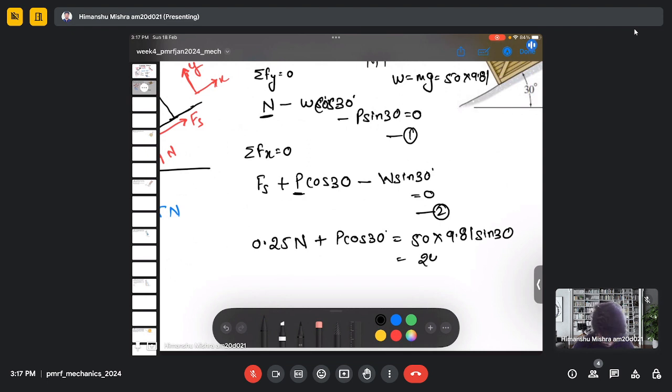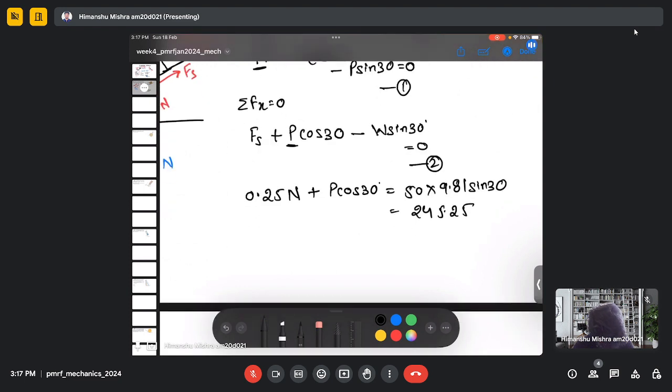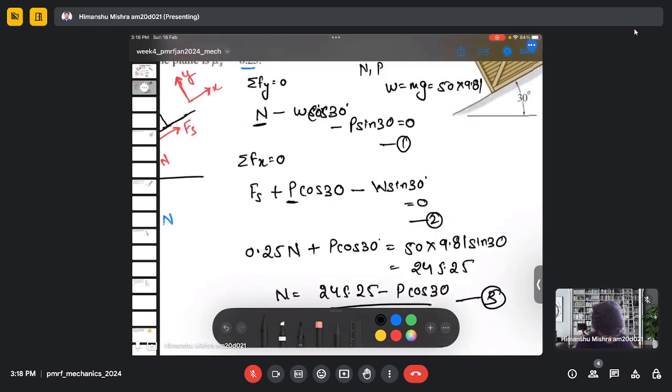So it will be 245.25. So I can write N as N equal to 245.25 minus P cos theta, divided by 0.25. Let's say this is my equation 3.